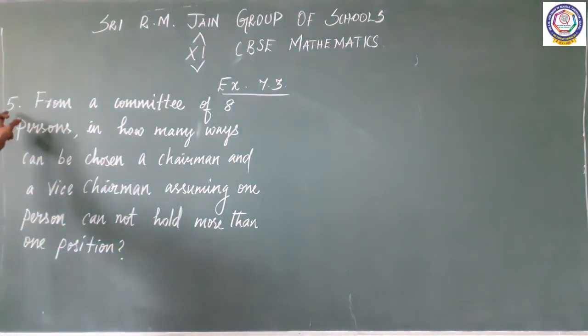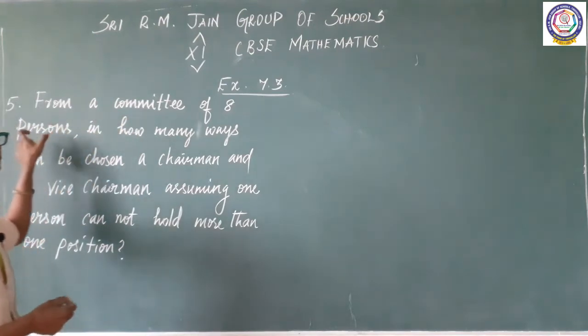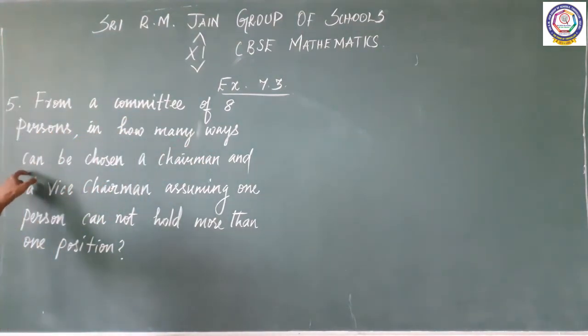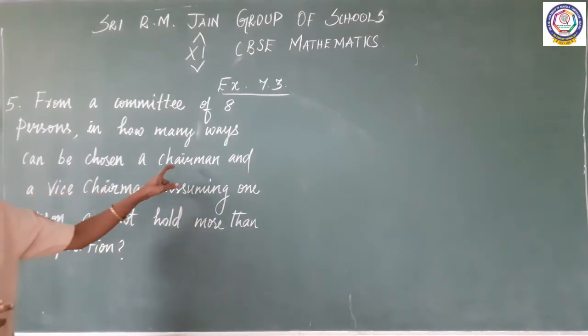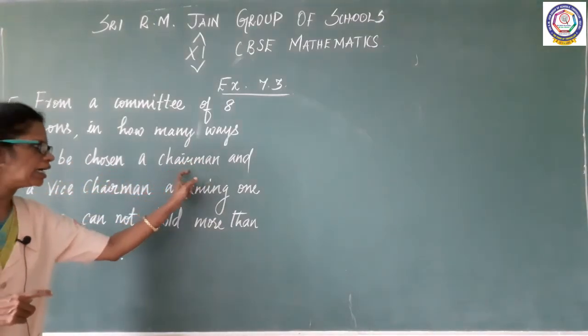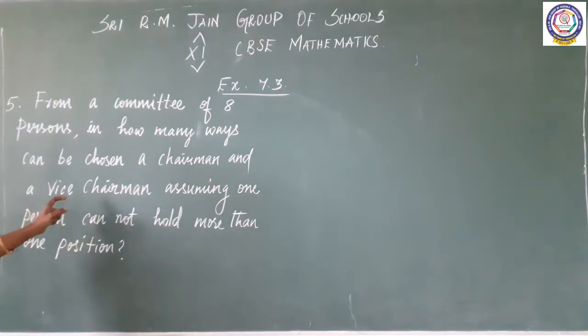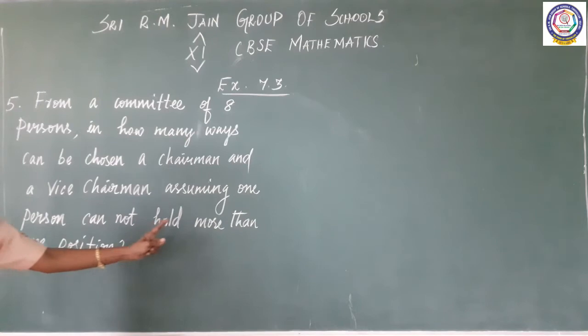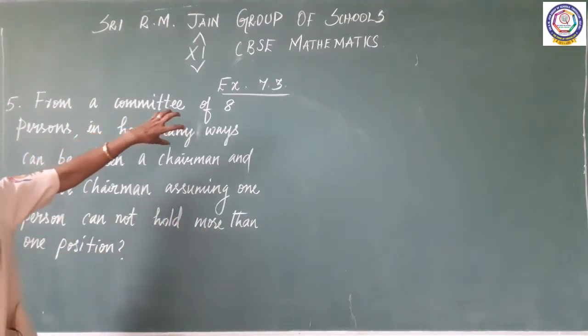Exercise 7.3, question number 5. From a committee of 8 persons, in how many ways can be chosen a chairman? Only one, right? A chairman and a vice chairman, assuming one person cannot hold more than one position, right? How many totally? 8 persons.